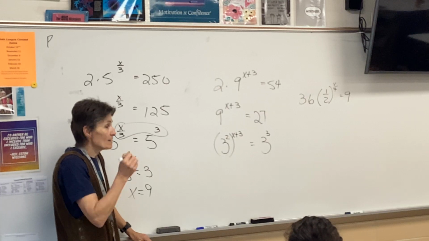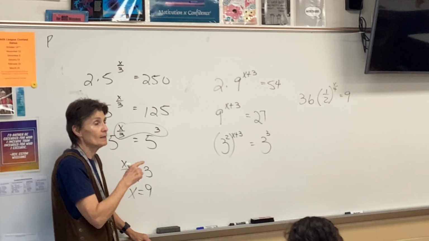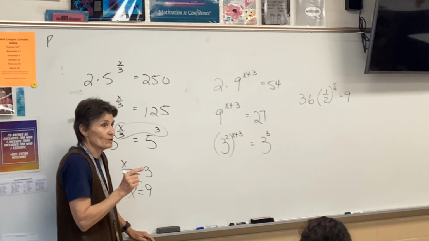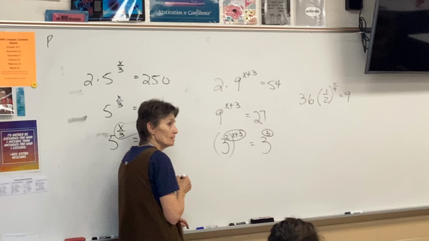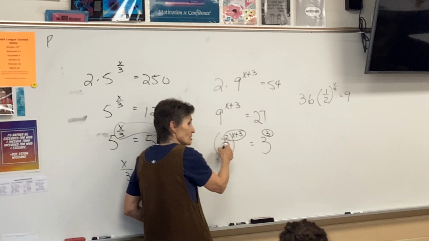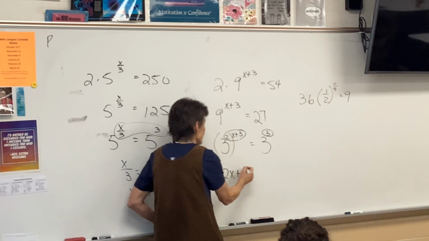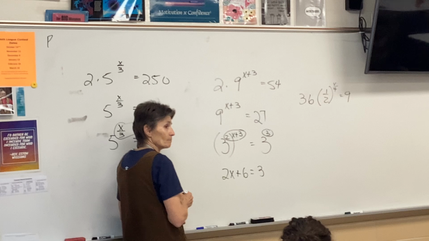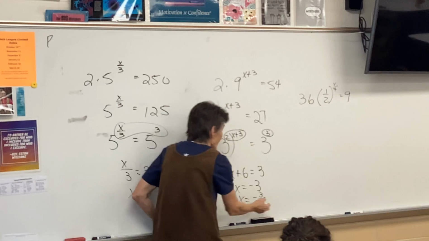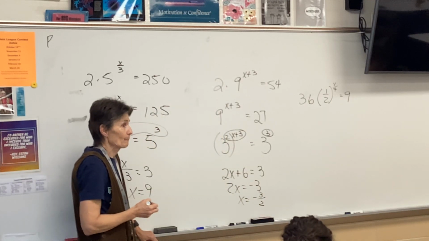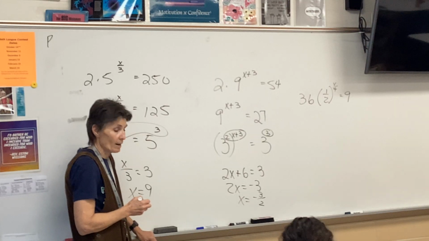Right? If I don't have a calculator, they have to be written like this. That's going to happen if I don't have a calculator. It's the only way to do it. Once I make them both 3's, then my equation is the exponents. Now this is a distributive. Does that make sense to you? That's a distributive. So 2x plus 6 equals 3. I got negative 3/2. Did you? All right. Perfect.